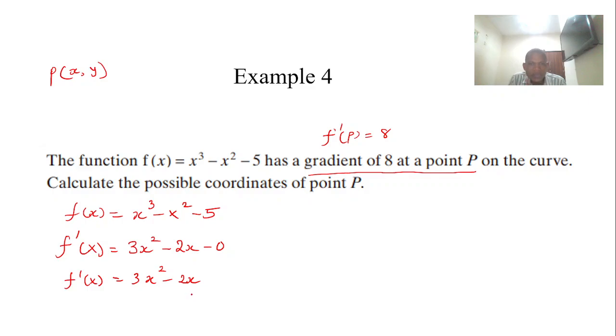Now we are told that the gradient is 8 at a point p. So how do I find the possible values of p?